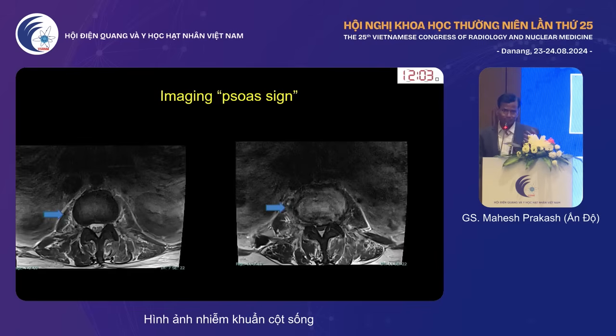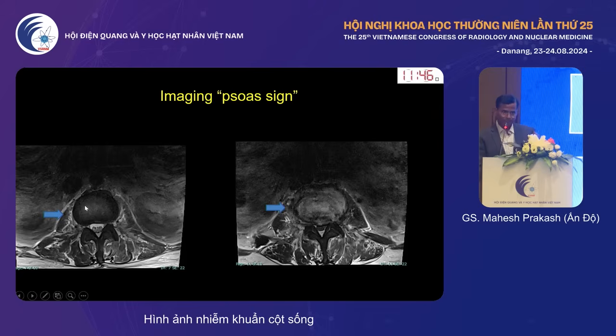There is a sign which is described in the literature, called the Khoa sign. Normally we have the psoas on either side of the vertebra, particularly in the lumbar region, and we have very well-defined fat planes.